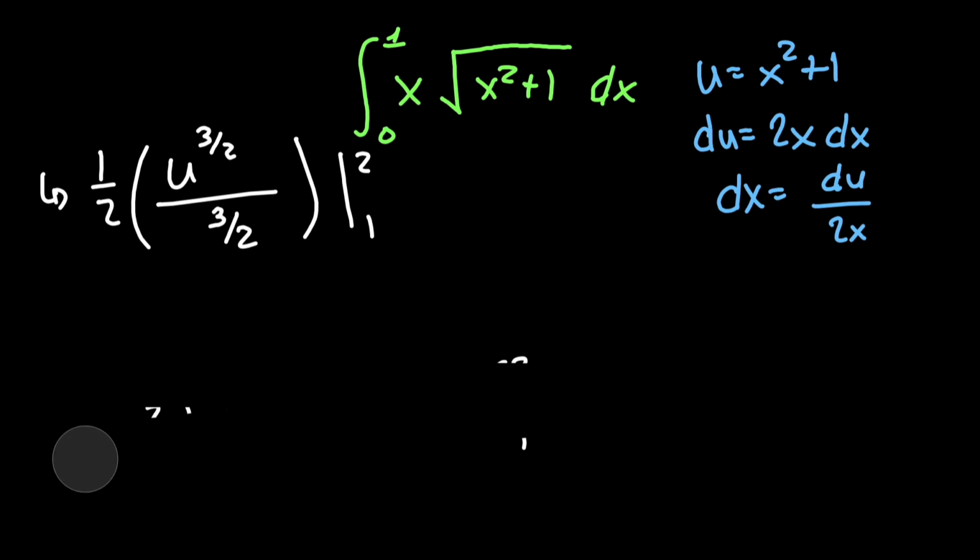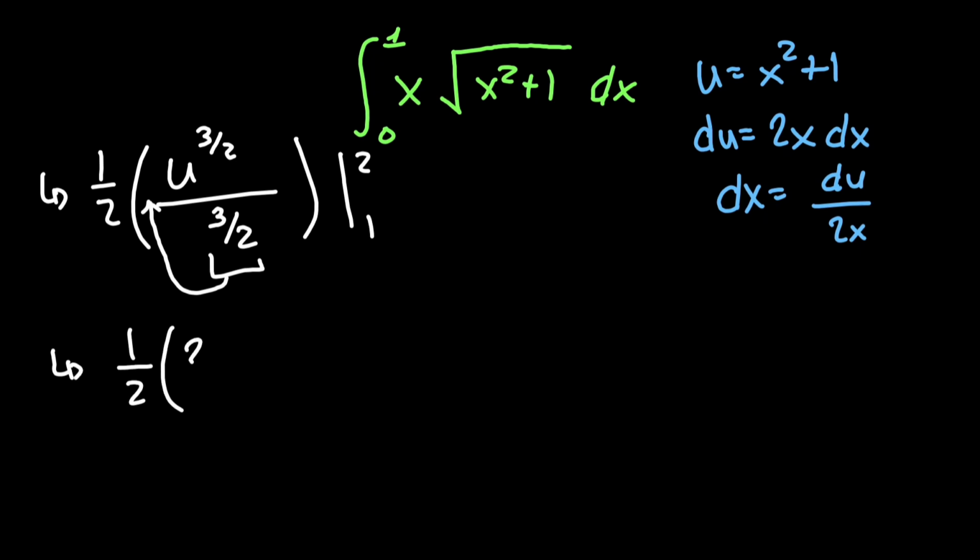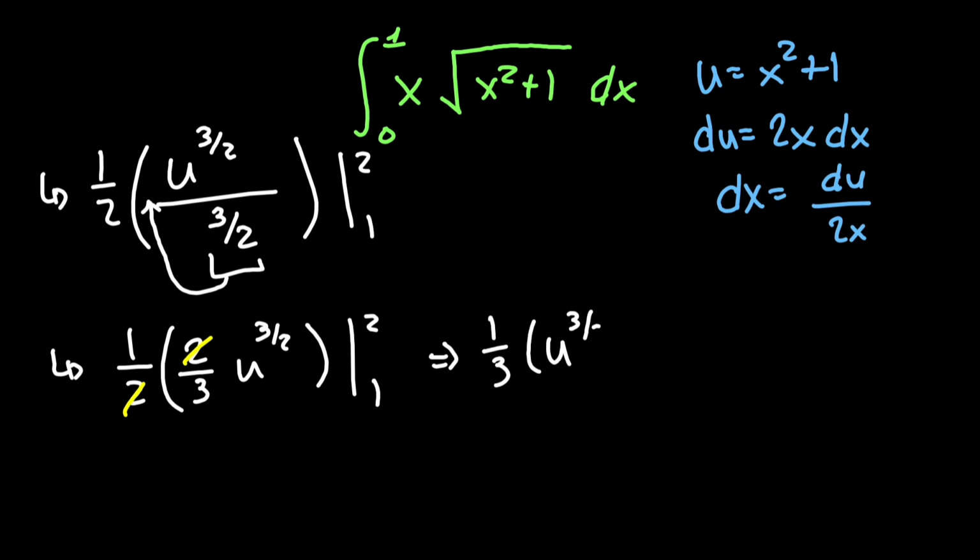And so by simplifying this, you can put this fraction on the numerator, but by doing that, it will reciprocate. It would be 1/2 multiplied by 2/3 of u to the power of 3/2 from 2 to 1. So 1/2 multiplied by 2/3, you can actually see here, this 2 will cancel, leaving you with a value of 1/3 of u to the power of 3/2 from 2 to 1.